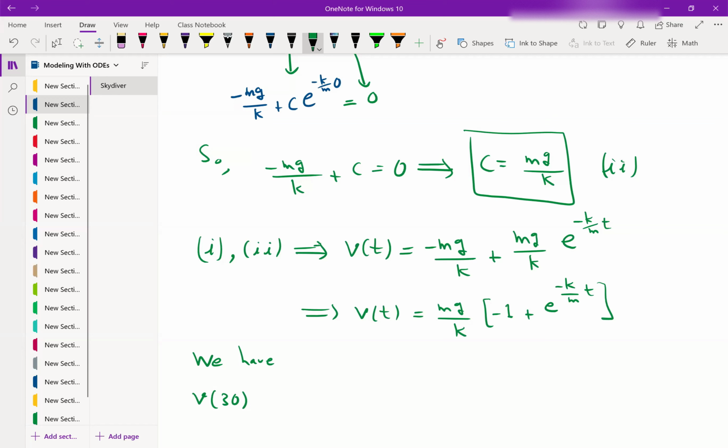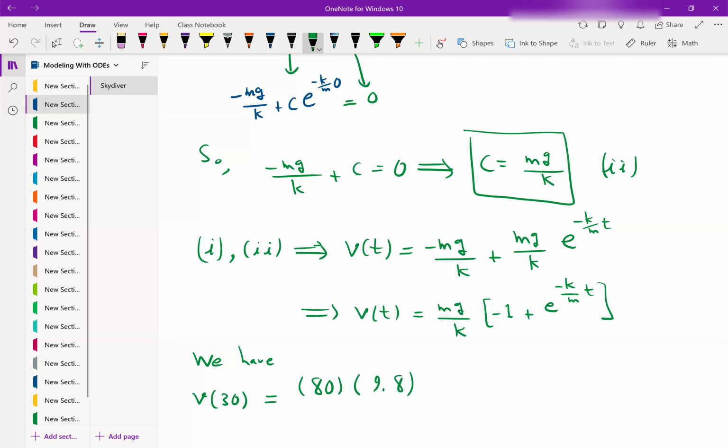After 30 seconds, t is equal to 30. The mass of the skydiver, the problem says, is 80 kilograms. g, the acceleration due to gravity, is 9.8. This was also given to us in the statement of the problem. This is a known constant.